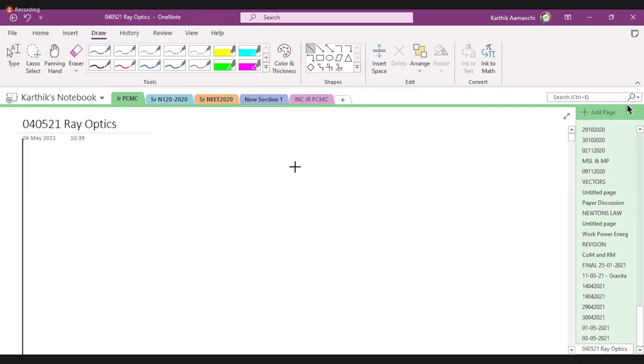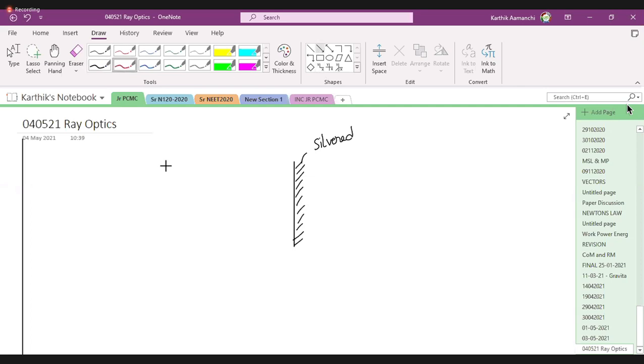See, whenever I take a plane mirror, as I said, it has one reflecting surface. The other surface is silvered. In a few days, I'll tell you why. What silvered means is they put silver paint at the back of the mirror. So when you put silver paint at the back of the mirror, you get a perfect reflecting surface.